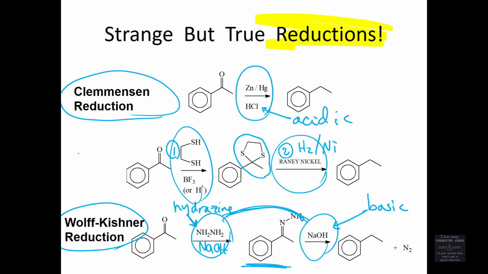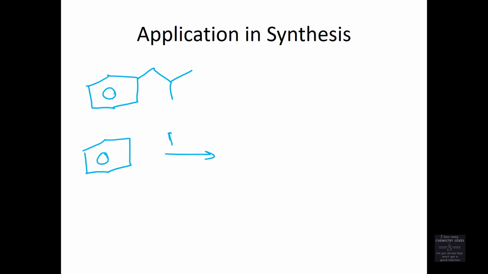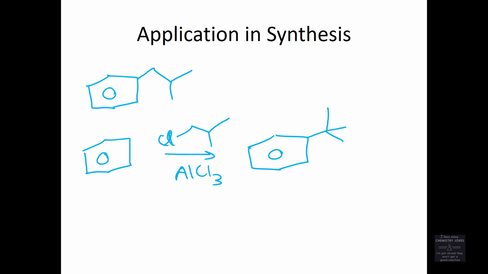So where might we use these kinds of reactions? Why might we want to do that? If your job was to synthesize something like this, the problem with trying to do a Friedel-Crafts alkylation, like so, is that the product you get is not the expected thing, because what's the electrophile in Friedel-Crafts alkylation?